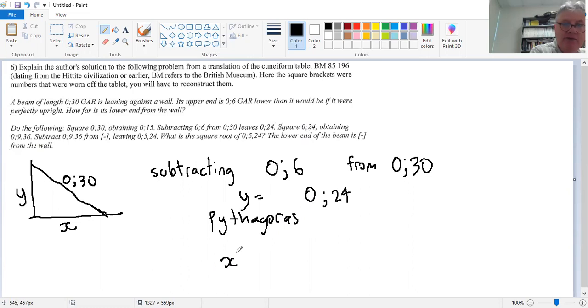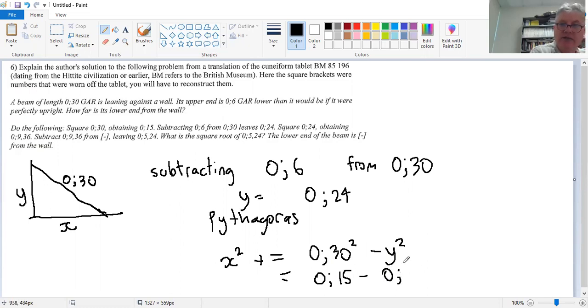Okay, so x squared plus y squared equals 30 squared, so x squared equals 30 squared minus y squared, and 30 squared is 15, right? A half squared is a quarter, and y squared, that 24 squared, is 936.